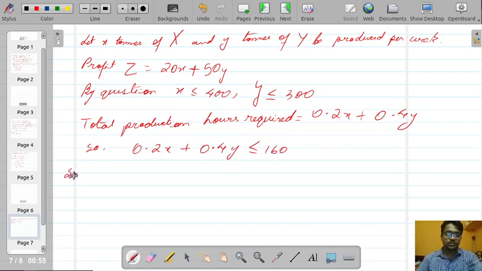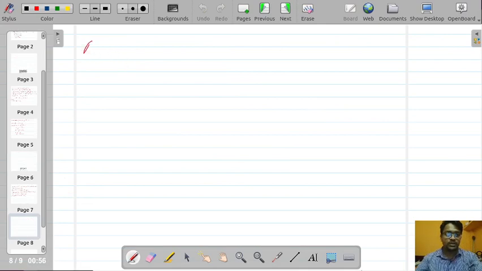So the problem as an LPP is, so how do I state this problem? You can state it this way: maximize Z equal to 20X plus 50Y subject to the constraints.